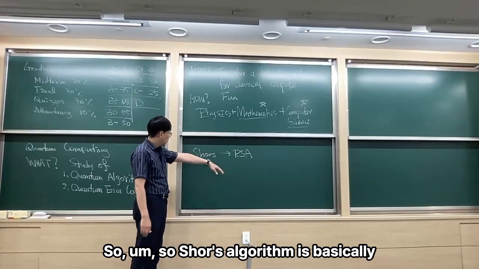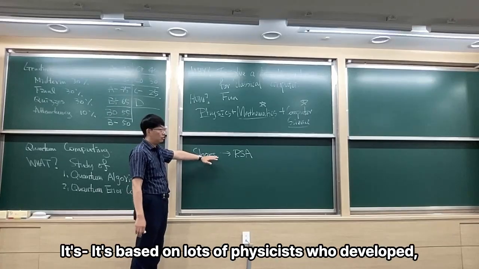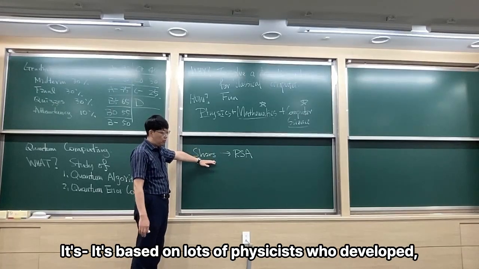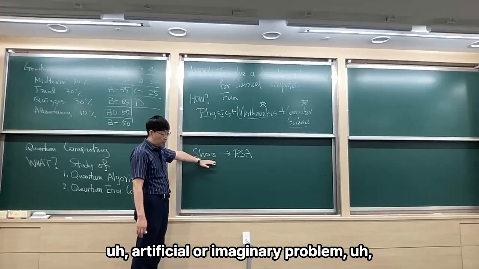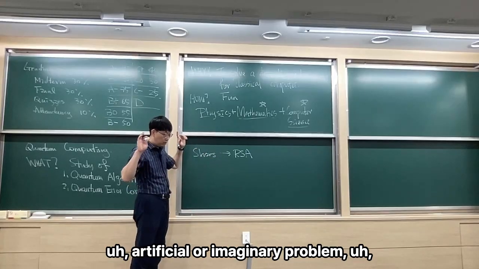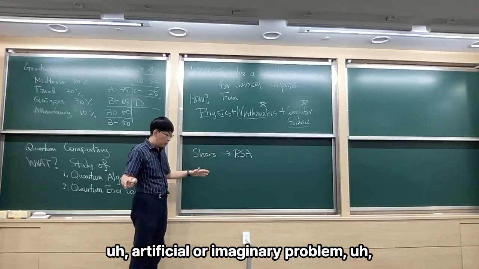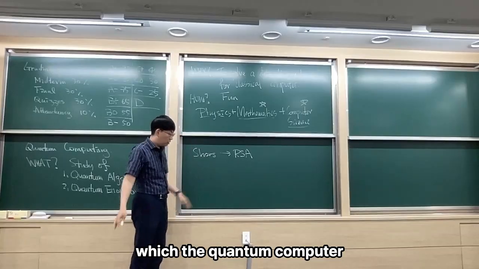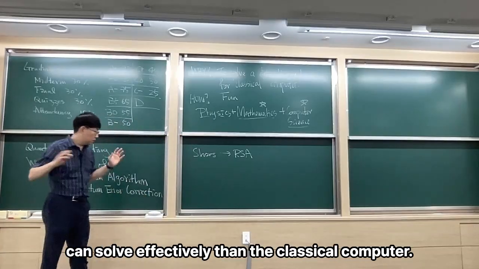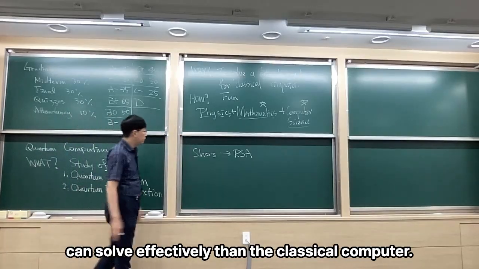So Shor's algorithm is not coming from nothing. It's based on lots of physicists who developed an artificial or imaginary problem which the quantum computer can solve more effectively than the classical computer.